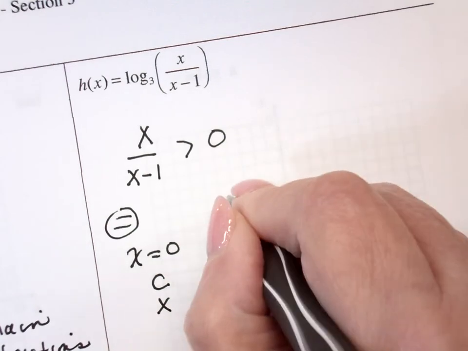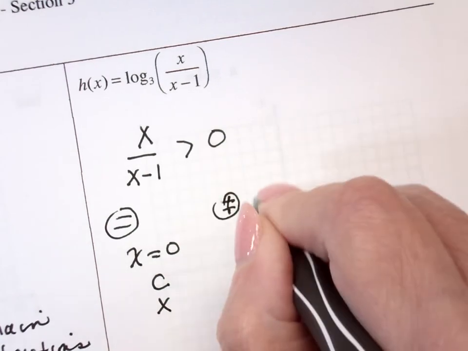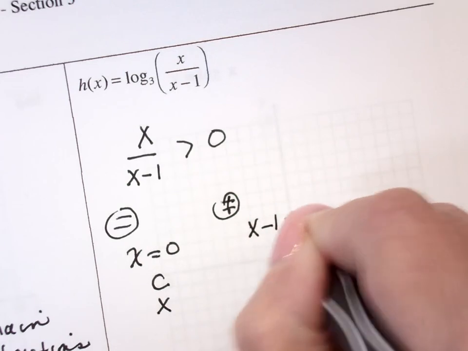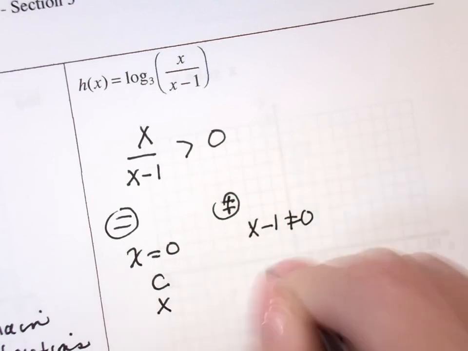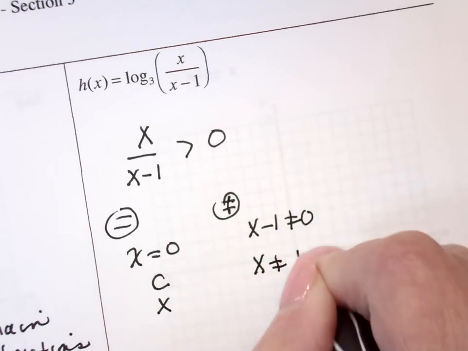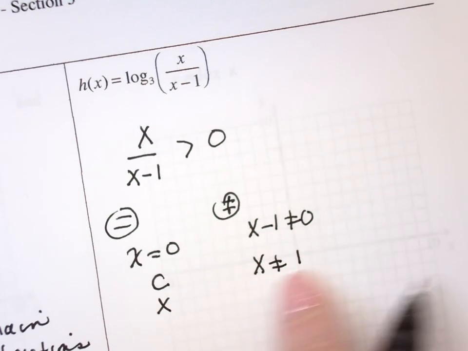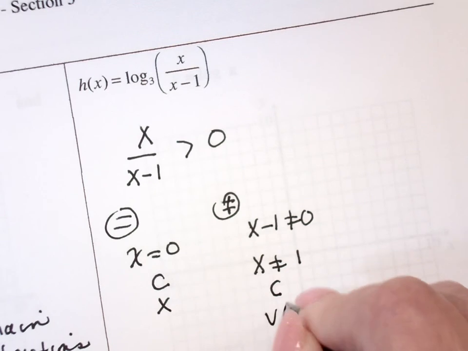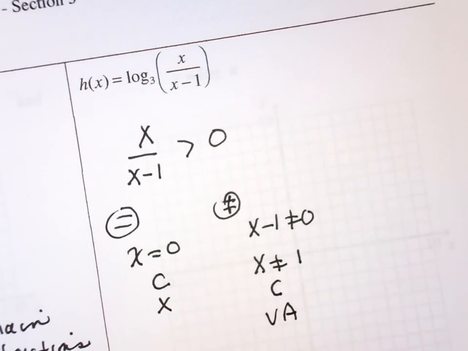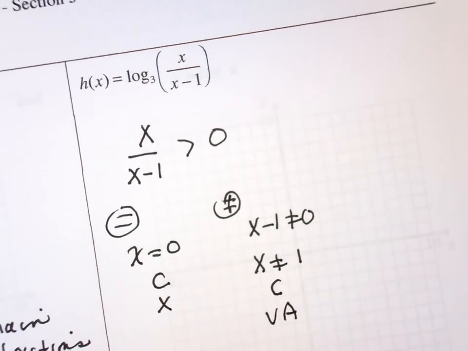The not equal, domain restriction, x minus 1 can't be 0, or x can't be 1. Again, this is multiplicity 1, change. This is a VA, because you're dividing by 0.